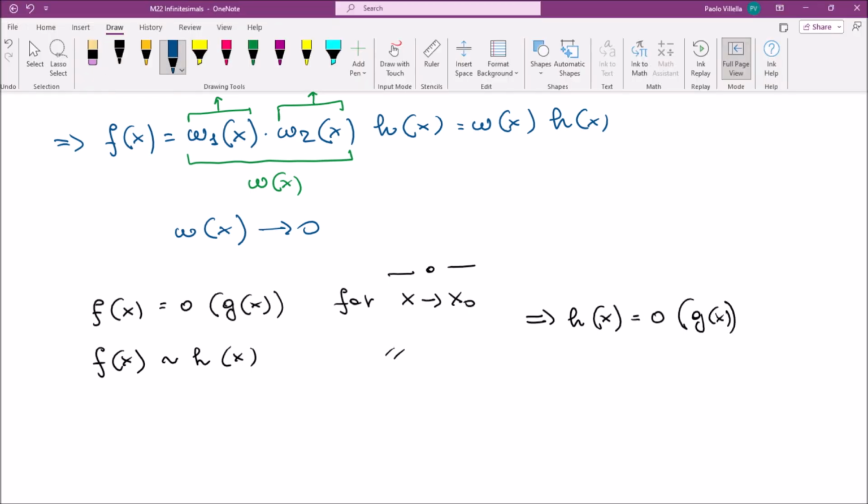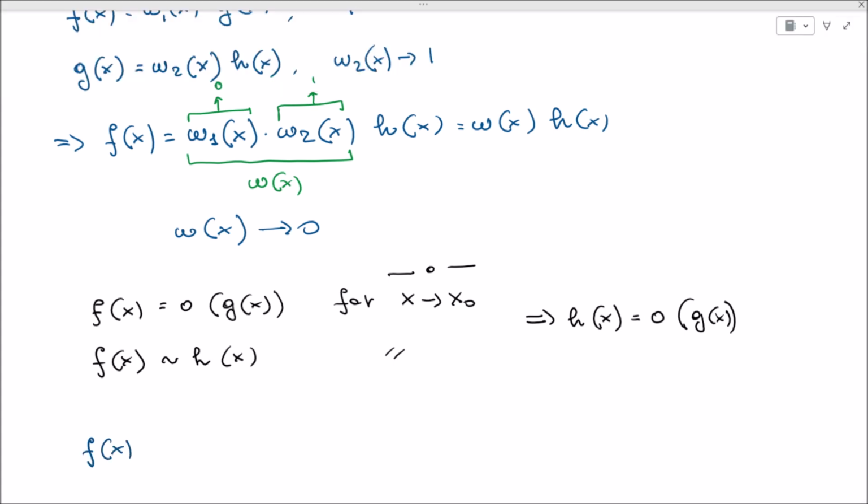And the proof now is very similar, because once again we can say that f of x is equal to some omega of x g of x with omega that tends to 0. Then we say that h of x is equal to omega 1 of x f of x with omega 1 that goes to 0.